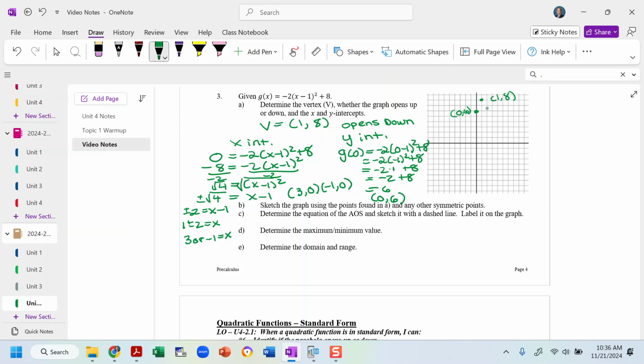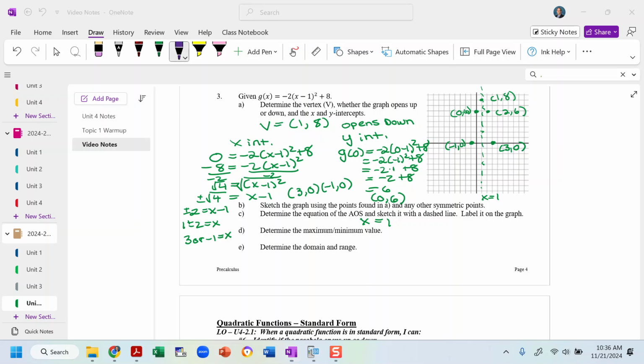That means that the axis of symmetry is x equals 1. And then the other, since this is 1 unit to the left, 1 unit to the right is 2, 6. Then the intercepts of negative 1, 0 and 3, 0.